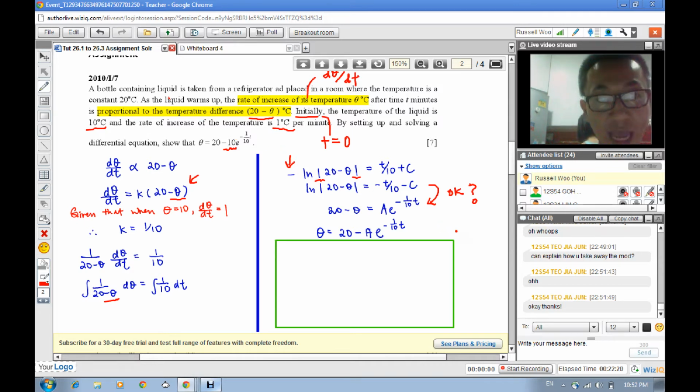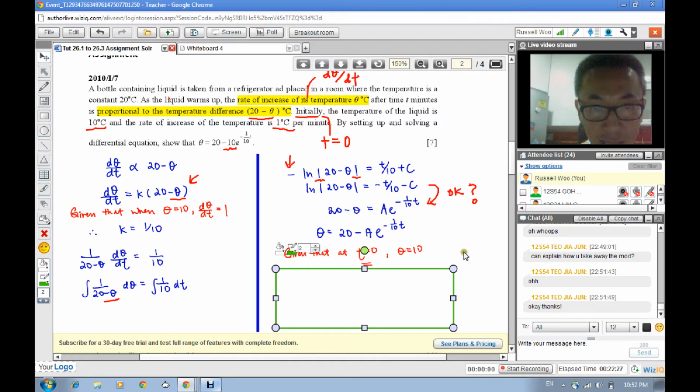We have not used something. We have not used the fact that at t equals 0, theta is 10, because initially, theta is 10.